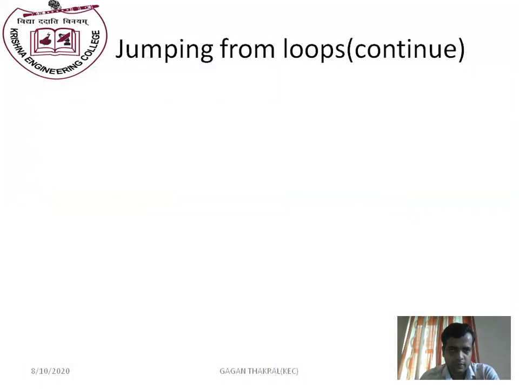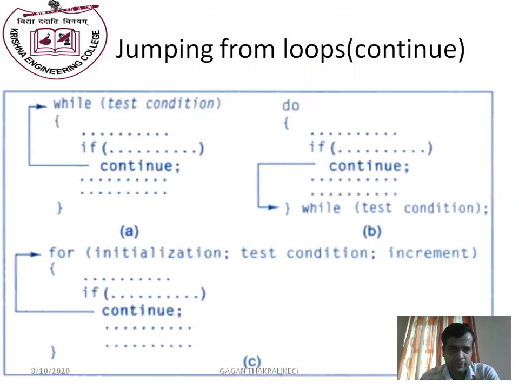Jumping from loop using continue. In figure A, when we are using while, if condition is true, we are using continue. The statements which are after the continue statement are not executed, and it will go to the test condition of the loop.